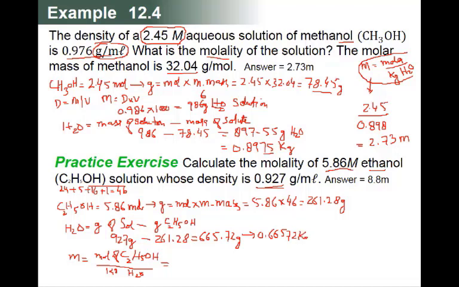This is kilogram of water. So moles are given in the question, 5.86, divided by 0.66572, and that will be your answer, 8.8 molar.